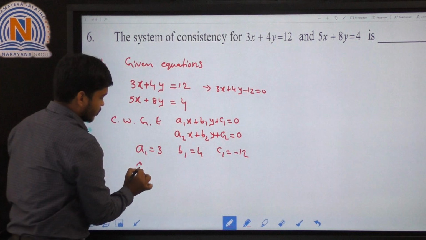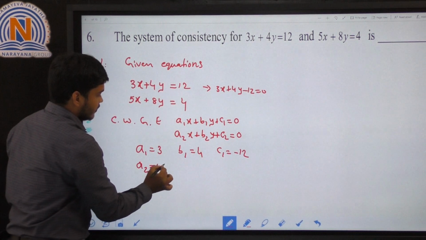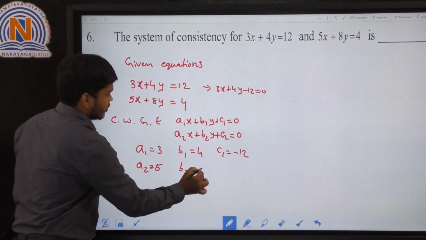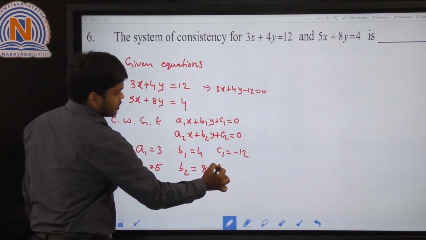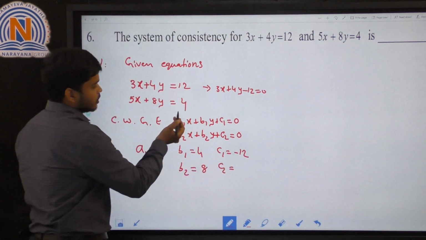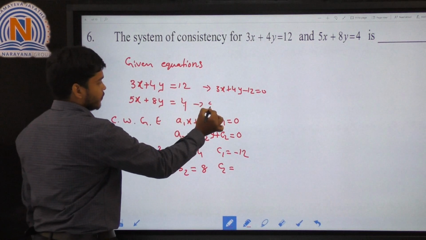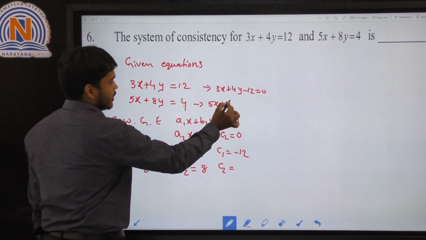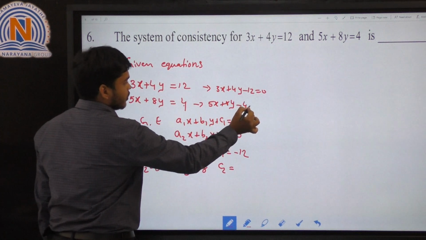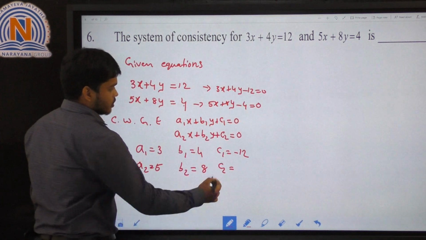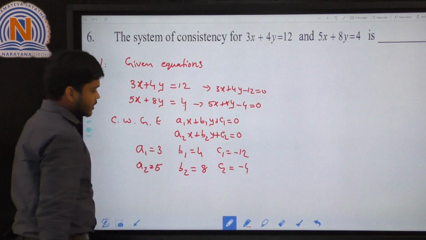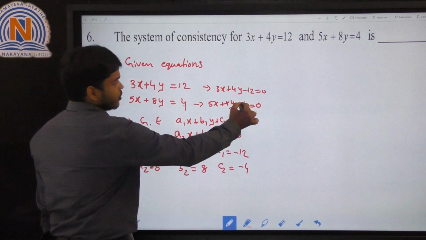And a2 is 5, b2 is 8 and c2: send 4 to the left-hand side. So 5x + 8y - 4 = 0, so c2 is -4.